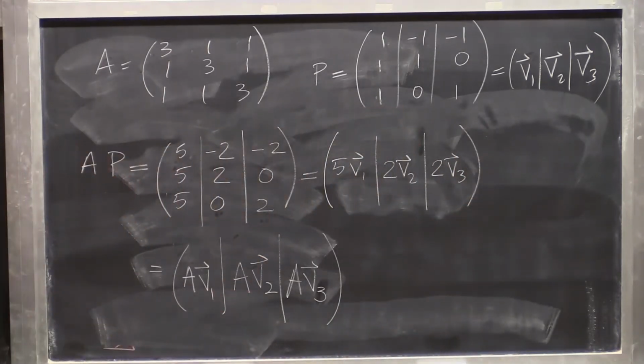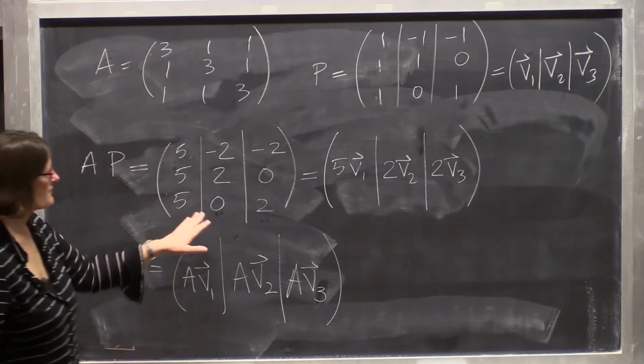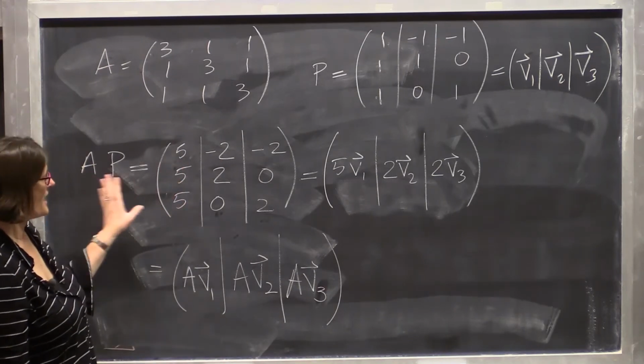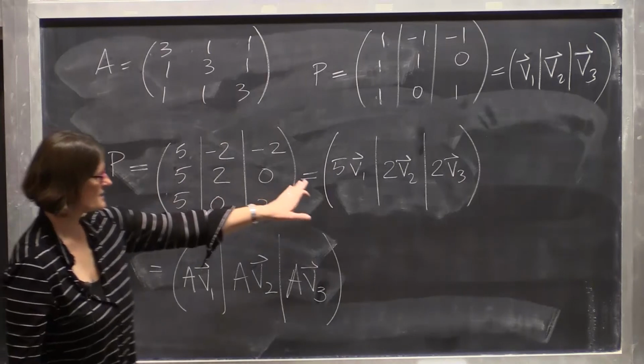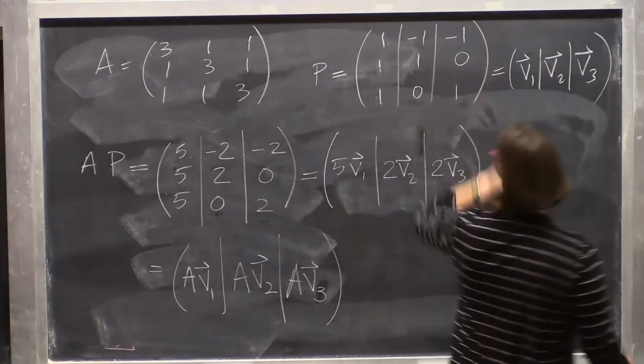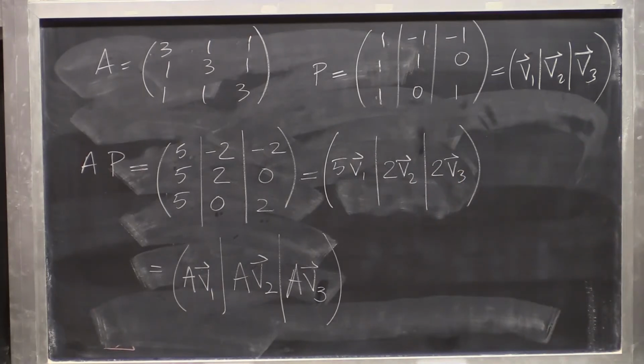All right. This is just a general fact of matrix multiplication. This has something very special to do with A and how P was chosen. That's because these columns are eigenvectors, and those are the eigenvalues for the eigenvectors.